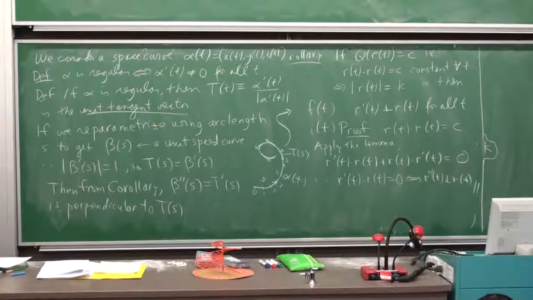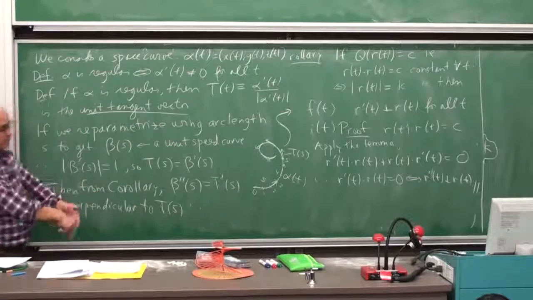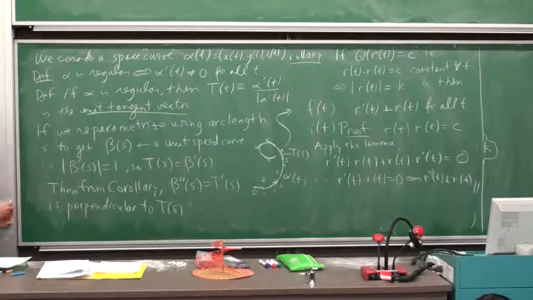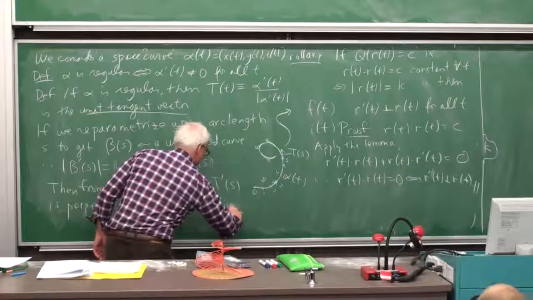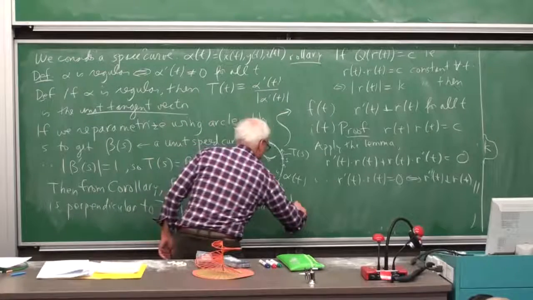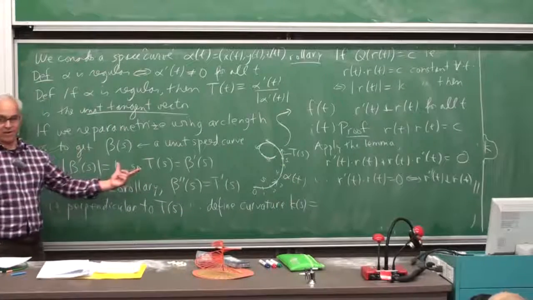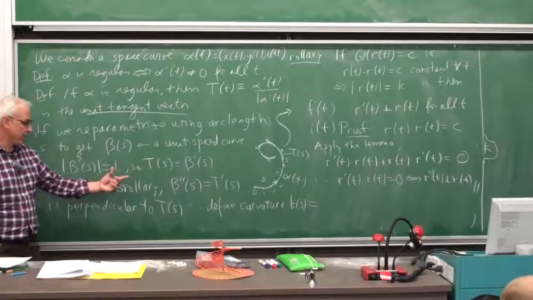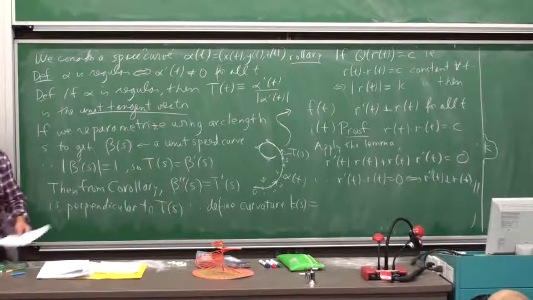Okay, so motivated by the case of the unit circle, where the length of this derivative was the curvature, we're going to define the curvature K of S to be the length of this derivative of the tangent vector.